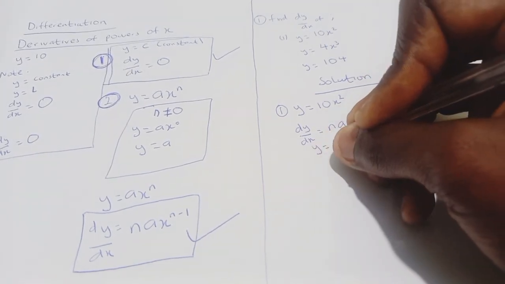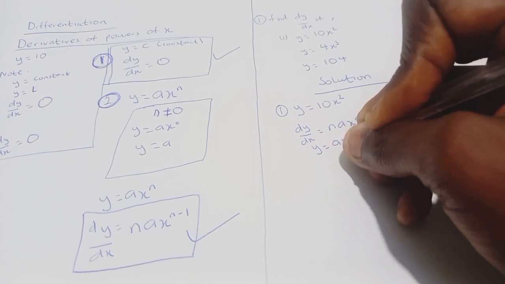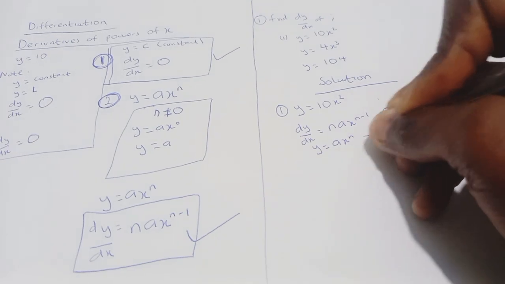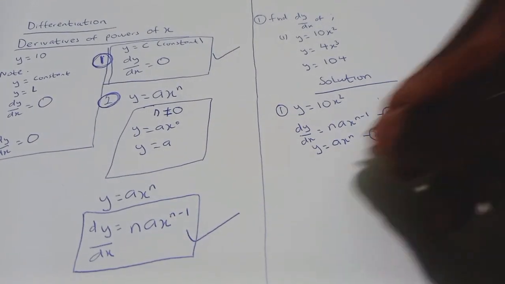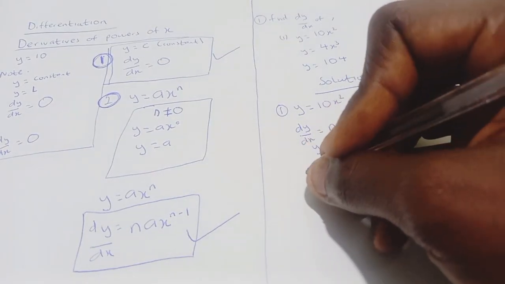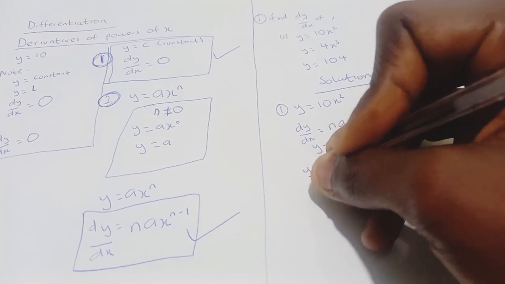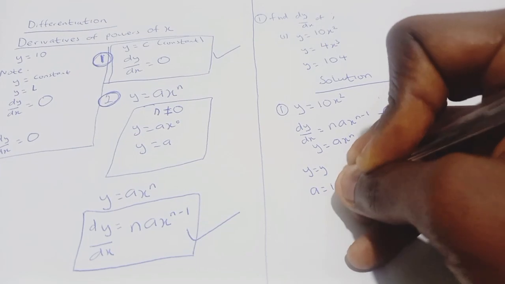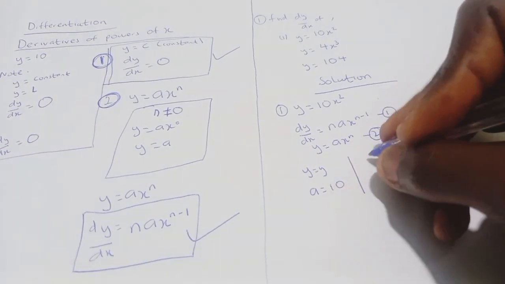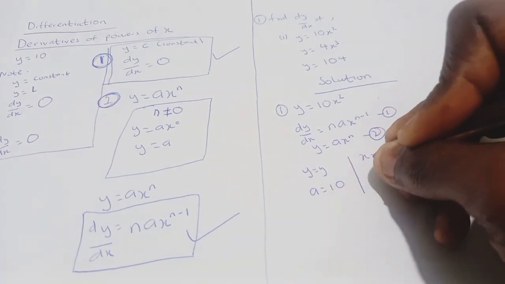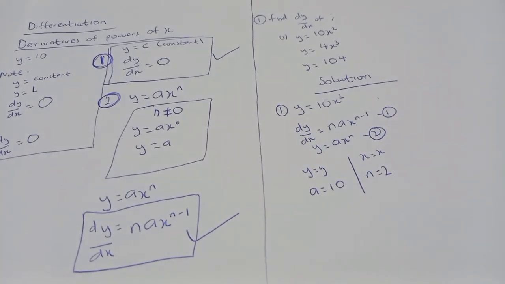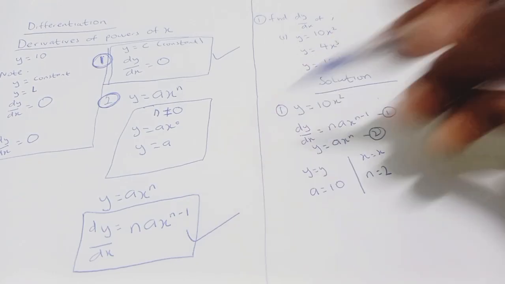Let me state this first. We have equation 1 and equation 2. And we know that with this equation, y is equal to y as usual, a is equal to 10, x is equal to x, and n is equal to 2. So let's place in the values in this one. Are you getting it?